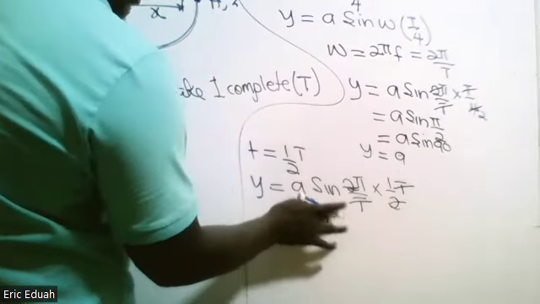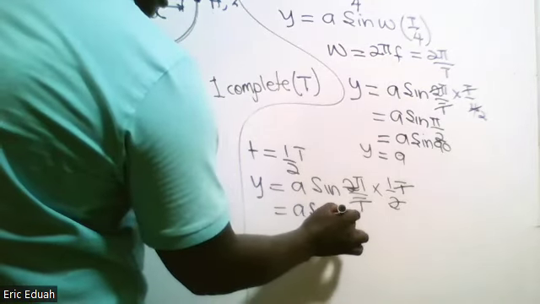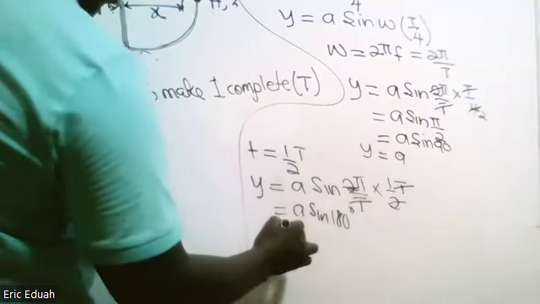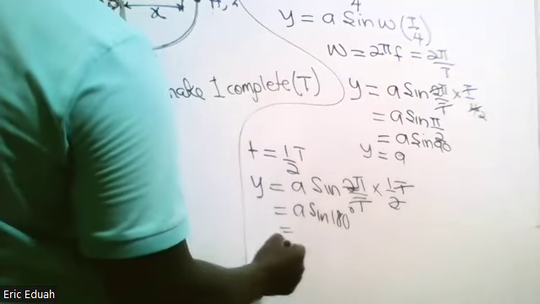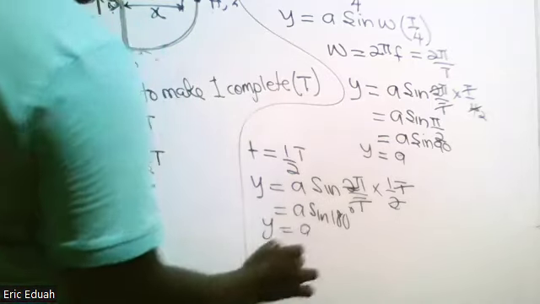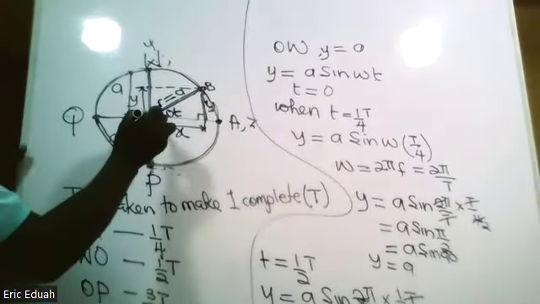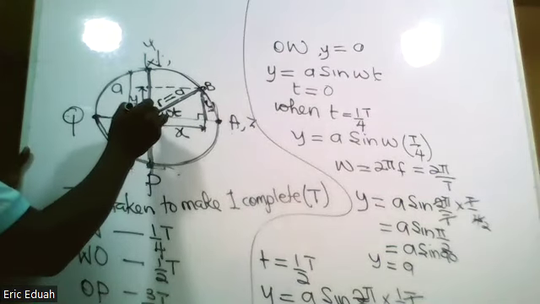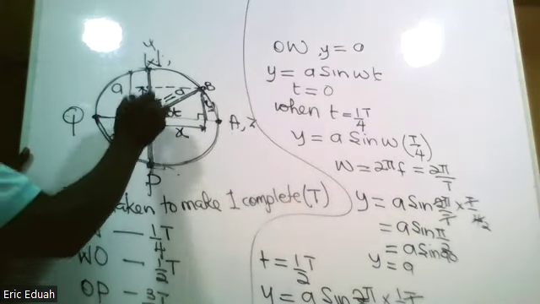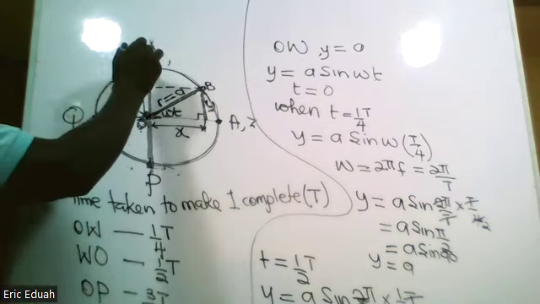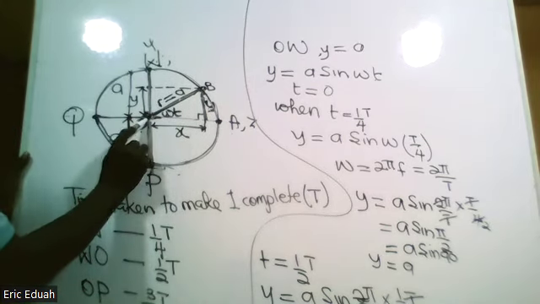And pi is 180 degrees. Therefore, sine 180 is 0. So y is equal to 0. And this is what it means from the diagram. We were on O to W, then W to O. Displacement is 0.